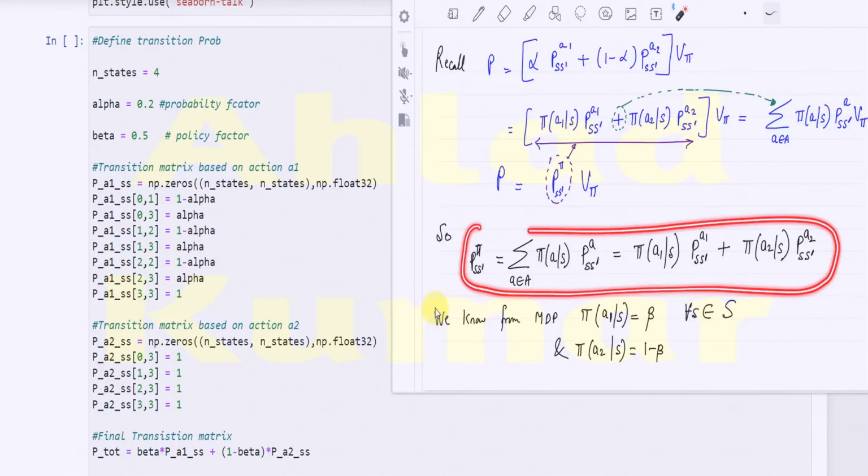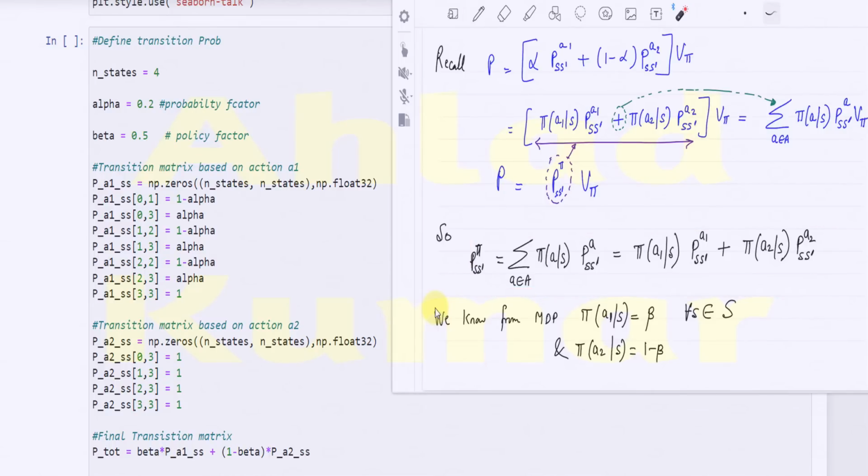Next, the final transition will be this particular equation. As you can see here, this is our final transition, and these specific action-based state transitions are weighted by the corresponding policies. That's why we call this state transition matrix dependent on policy pi, because it's weighted by these policies.